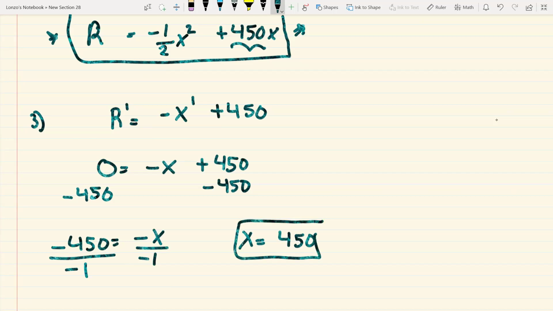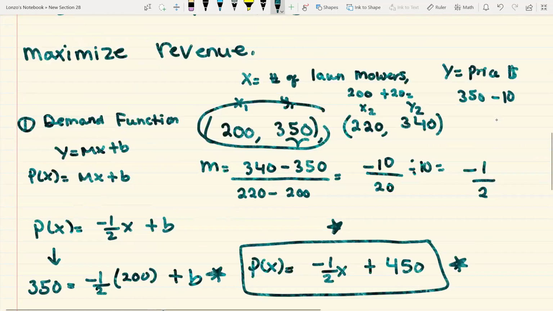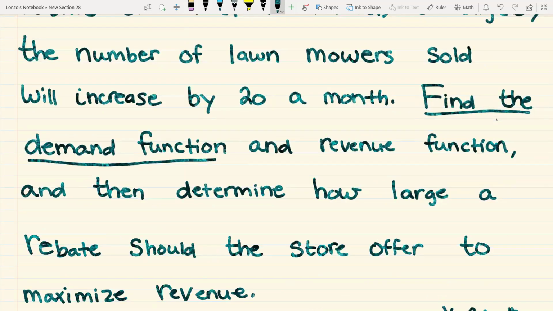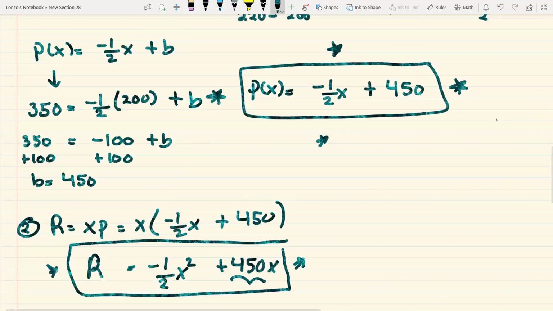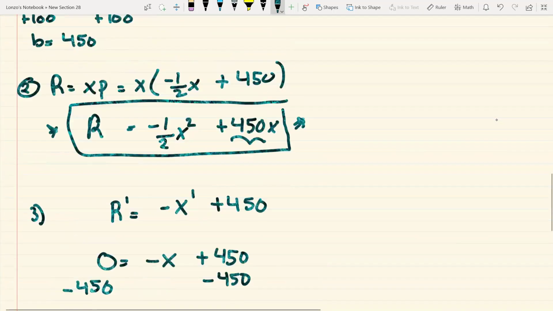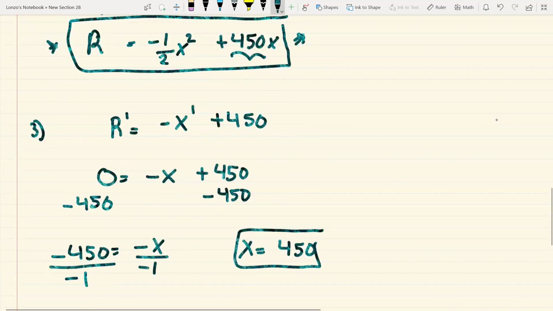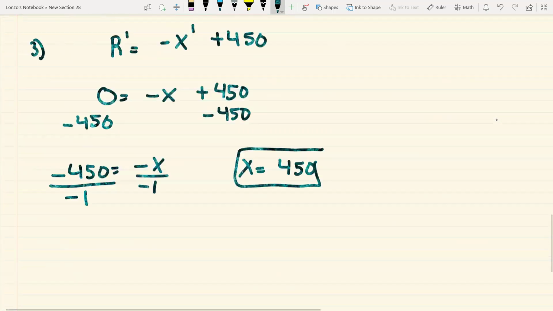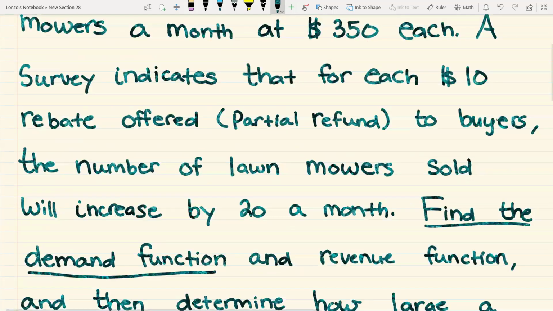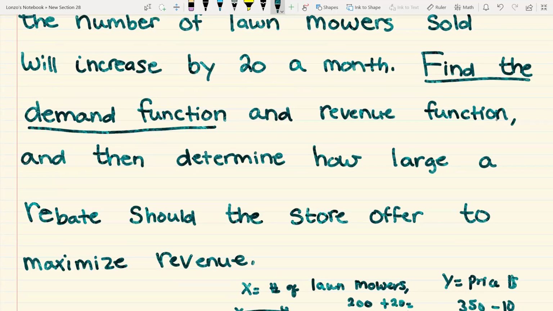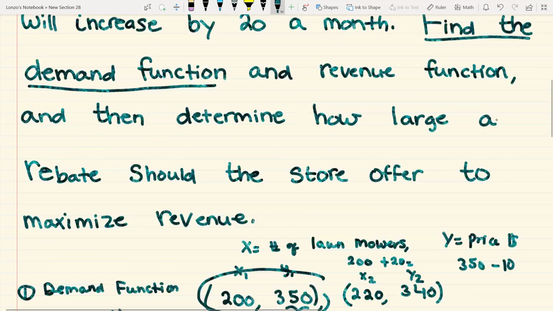Well, that's part of the answer. It says determine how large a rebate should the store offer to maximize revenue. So 450 should be the number of lawnmowers that will hopefully maximize your revenue. So we found our x. How do we find a large enough rebate?